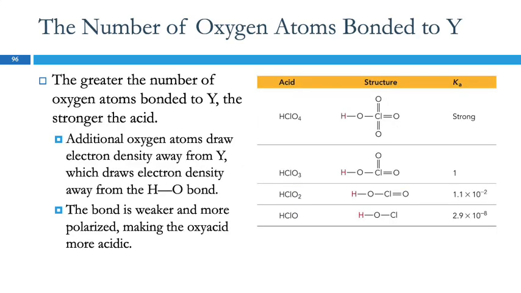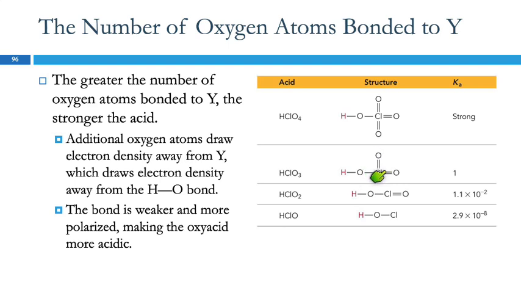Then the number of oxygens bonded to that central atom also has an impact. So here, looking at all the relatives of chloric acid: perchloric acid, chloric acid, chlorous acid, and hypochlorous acid. They differ in how many oxygens are bonded to the chlorine.